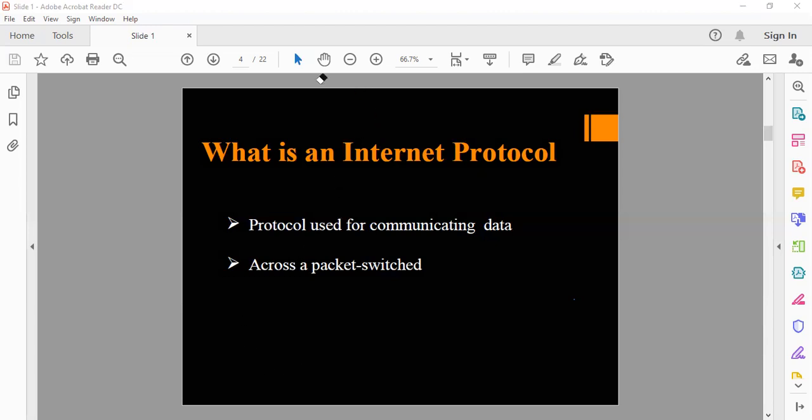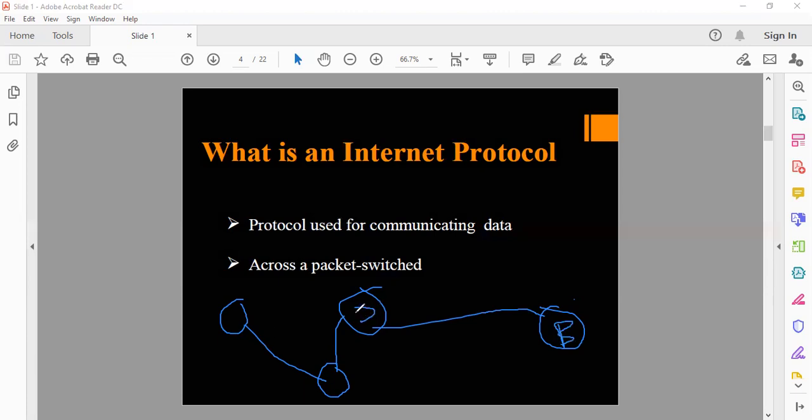Suppose A wants to transmit data to B, and there is C and D. A has a connection with C, C has a connection with D, and D has a connection to B. If A wants to transmit its data towards B, there is no dedicated link between them.